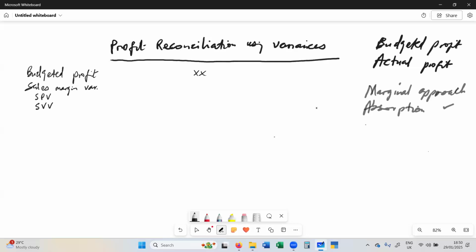You see that? Okay, so let me do this. So we can have the sales price variance and the sales volume variance. So assuming we want to go the long way, we will have these two variances.